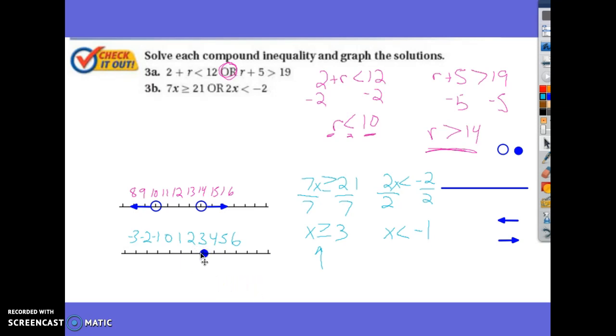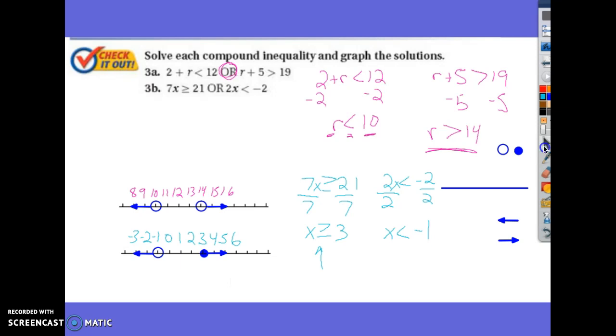X has to be greater than or equal to that, so I'm going to send my arrow in that direction. And over here, x is less than -1, so I have an open circle on -1. X is less than that, and that solves my inequalities for that question.